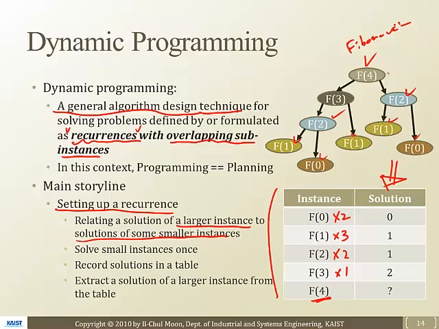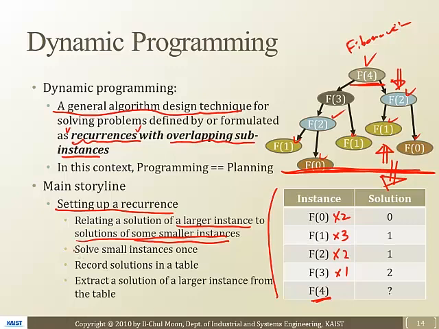Recursion was a big thing coming down in size. And what we are going to do in dynamic programming is create some smaller versions, calculate them, and make things grow to reach F4.